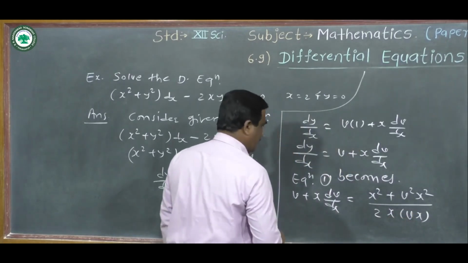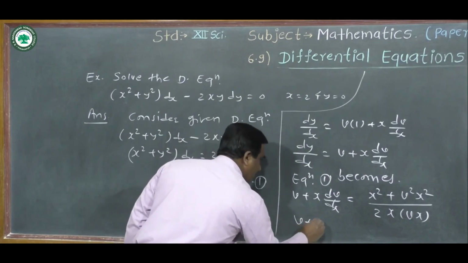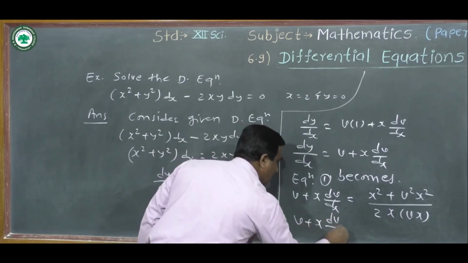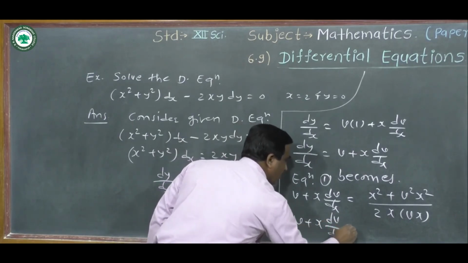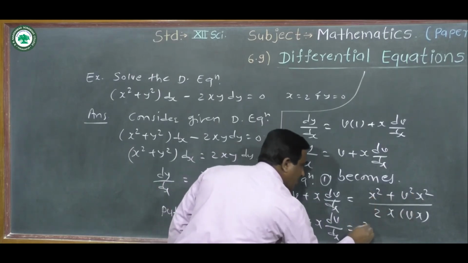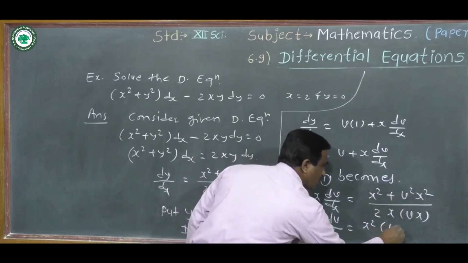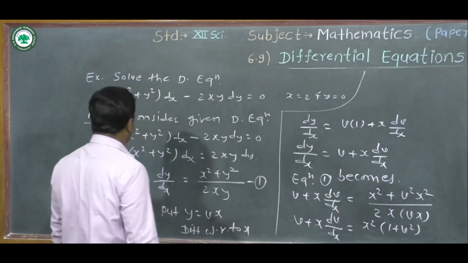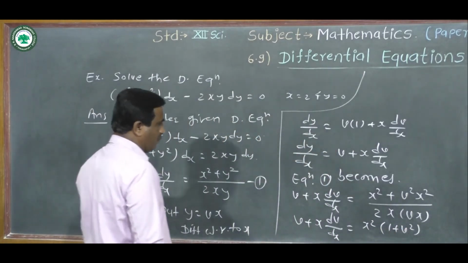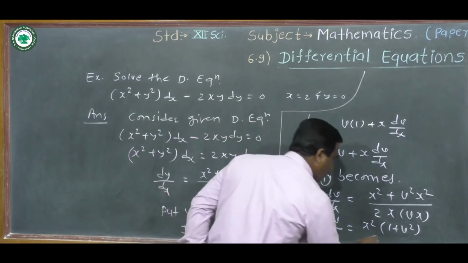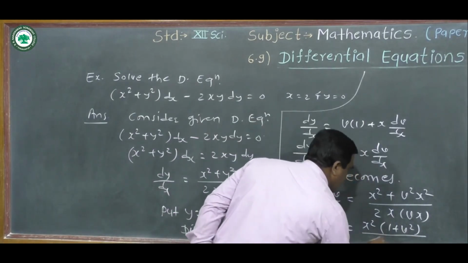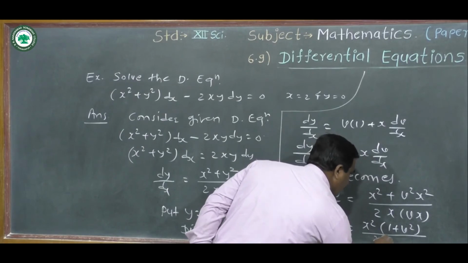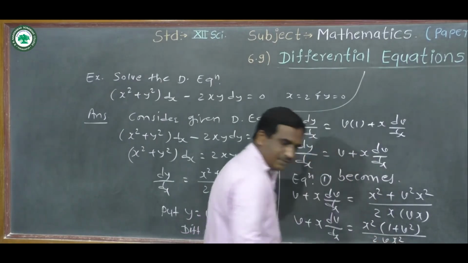That is, we can write here v plus x into dv by dx equal to, take x square common at the numerator, x square into 1 plus v square upon 2 into v into x square.